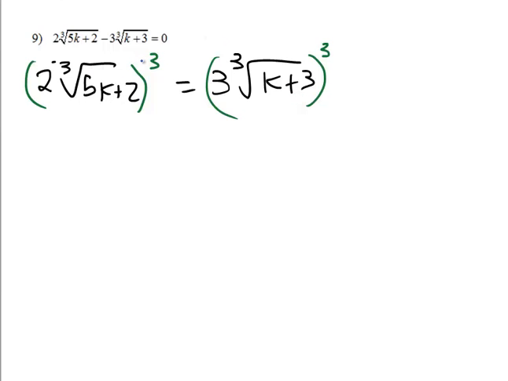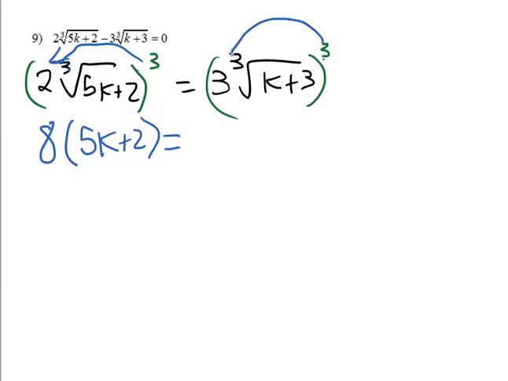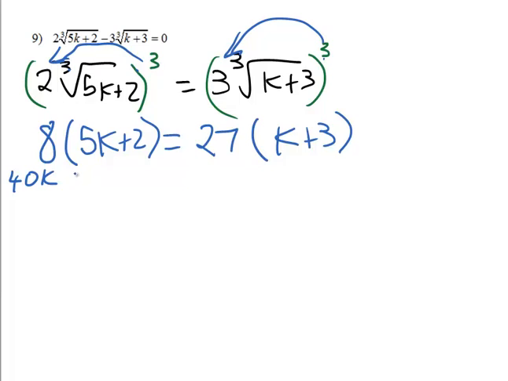Remember, you have to distribute, so 2 cubed is 8, and then these two cancel out, so you have 8 times 5k plus 2. And over here, distribute to the coefficient, so that would be 27 times k plus 3. And now we'll distribute here, so we'll have 40k plus 16 equals 27k plus 81.